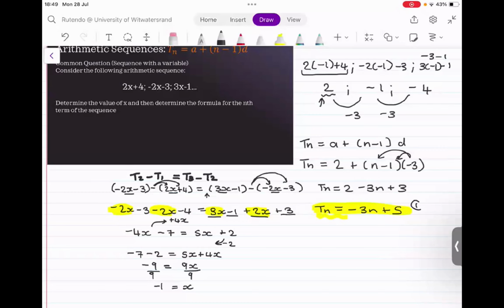Part 1, this one, or this part? Okay, so here I was just grouping these. I was looking for all of my values with x. So I had -2x and -2x. And then this 3x and 2x, because those are the things that I can group together as like terms.